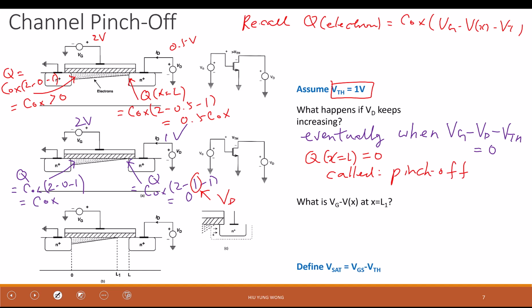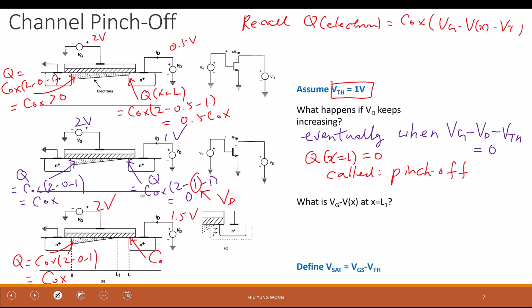So let's continue and see what happens. Now, if I keep increasing the drain voltage, let's say to 1.5 volt, then the charge at the source is still C ox times 2 minus 0 minus 1, because Vg is 2, Vx is 0 at the source, and threshold voltage is 1, so C ox. How about the drain end?